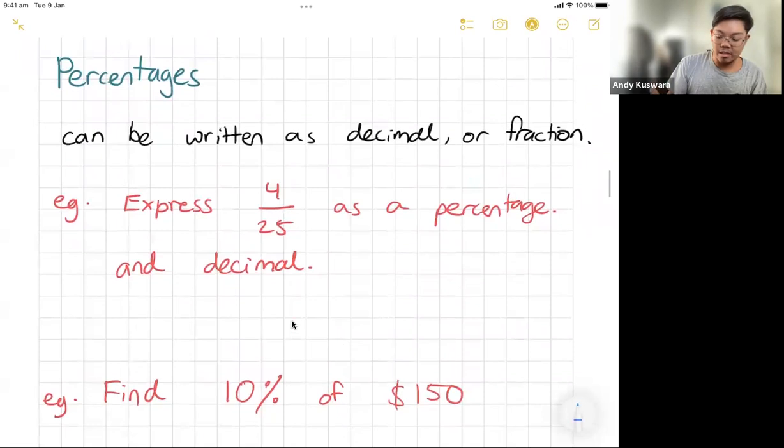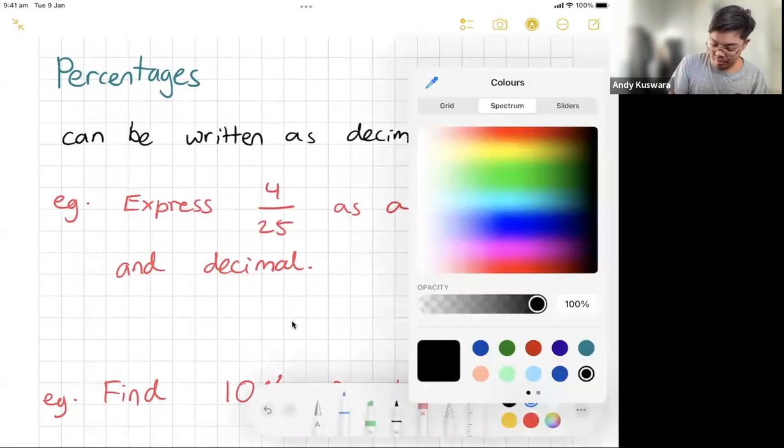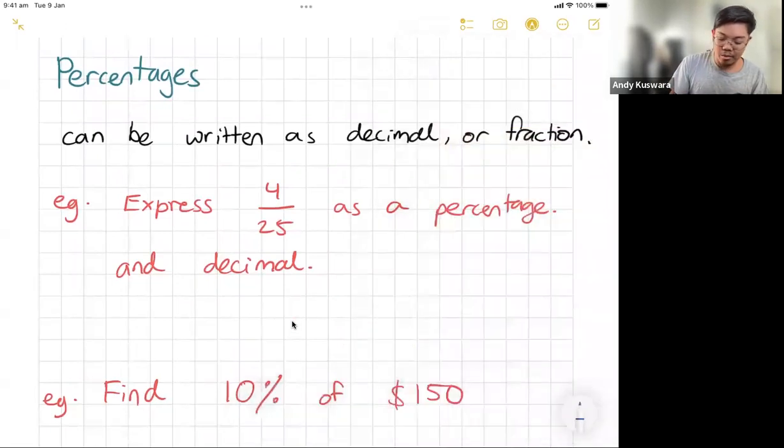Percentages can be written as decimal or fraction. And so fractions, decimals, and percentages can be kind of interchangeable. So for a question like this, we've got 4/25 as a percentage and a decimal. You're expected to be able to do this without a calculator.